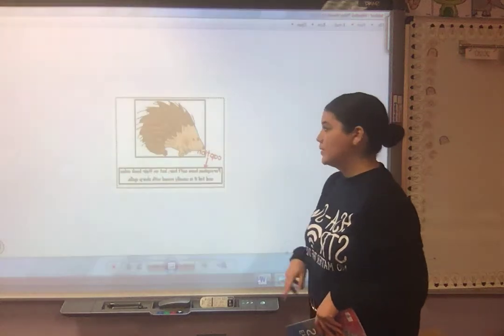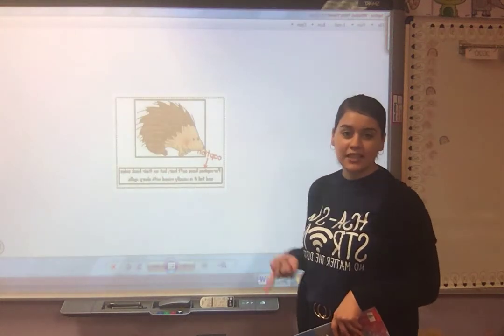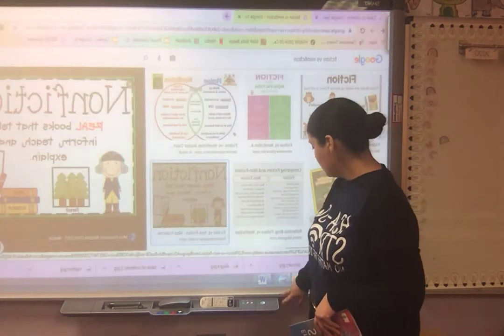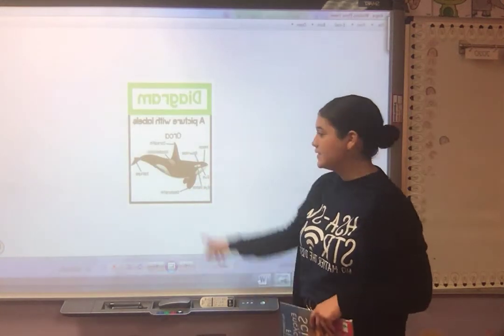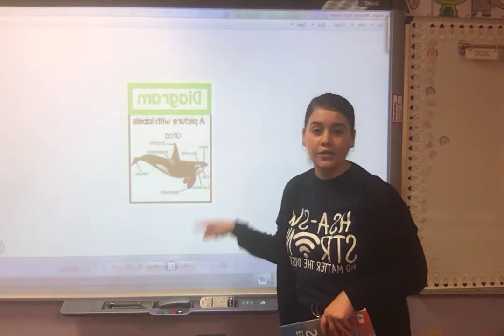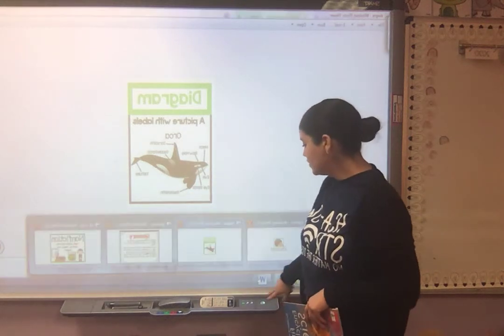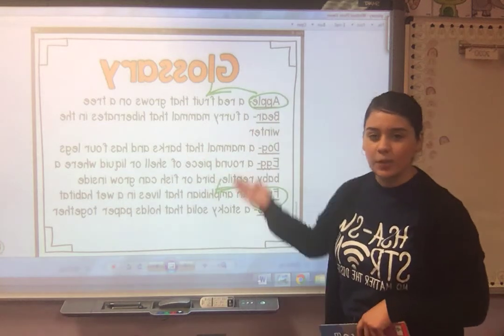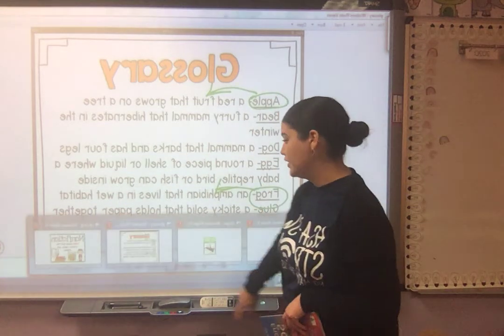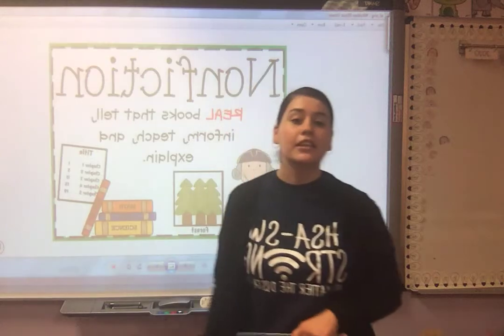We also talked about captions, the sentence underneath the pictures. We also talked about diagrams, the labels that are all around a picture. And we talked about the glossary. These are all like little mini dictionaries that have definitions of words.